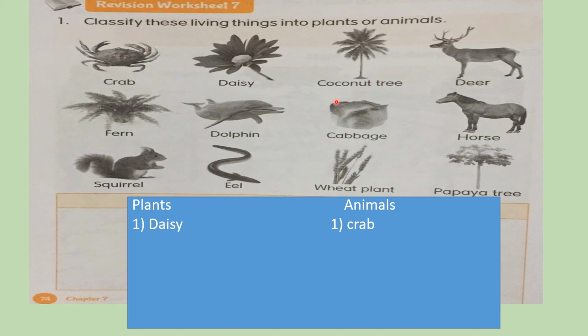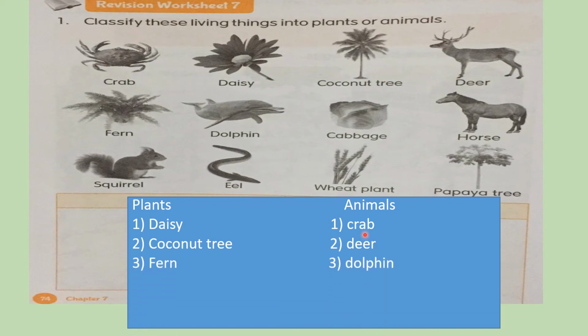So coconut is a plant and the deer is an animal. Next, how about this fern and dolphin? The fern is under the plant and dolphin is under animals.